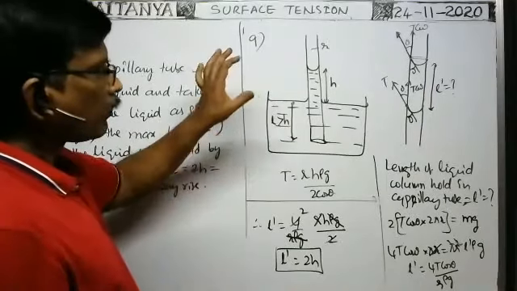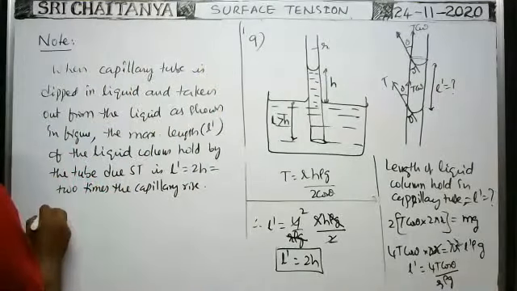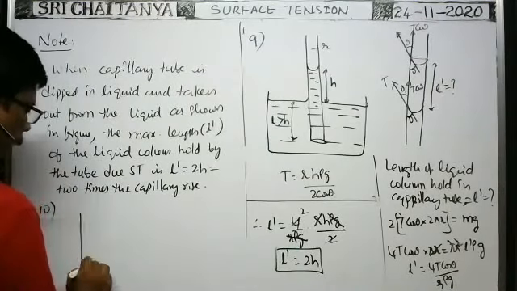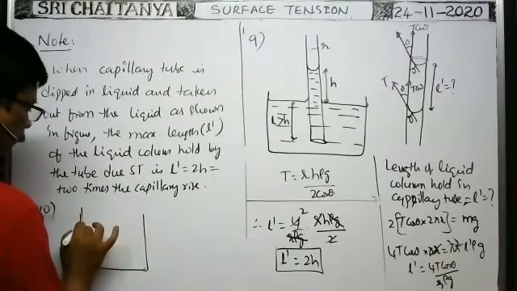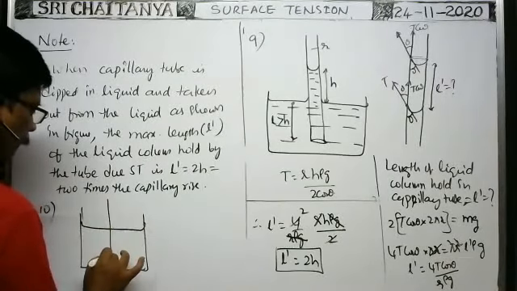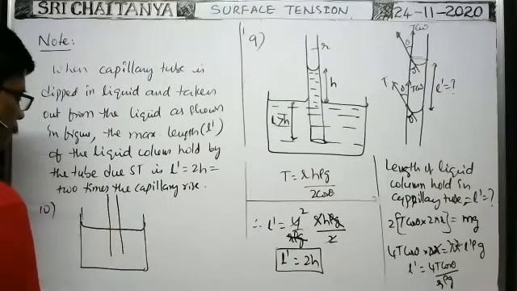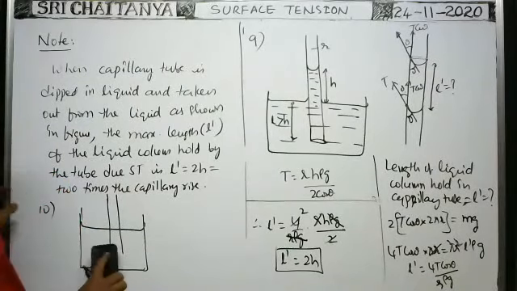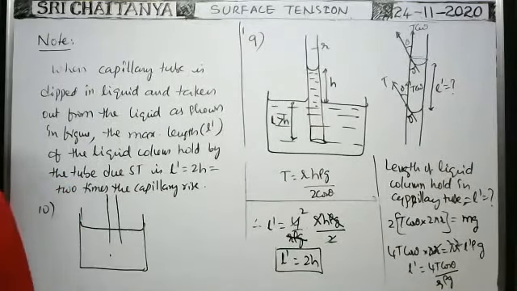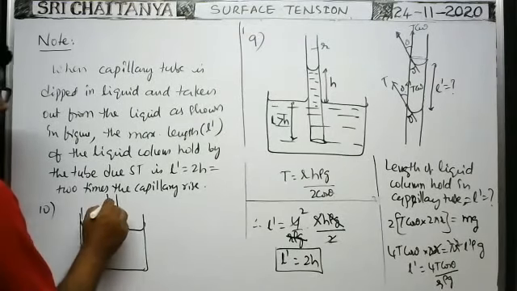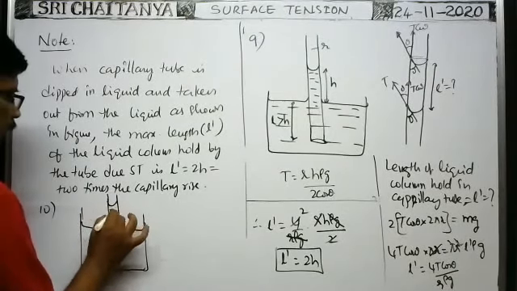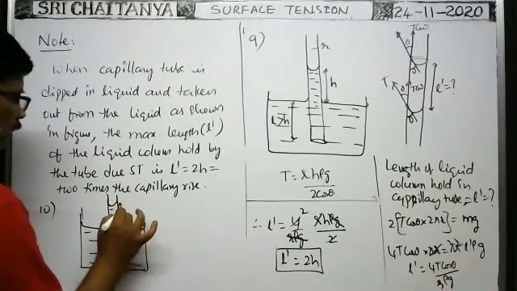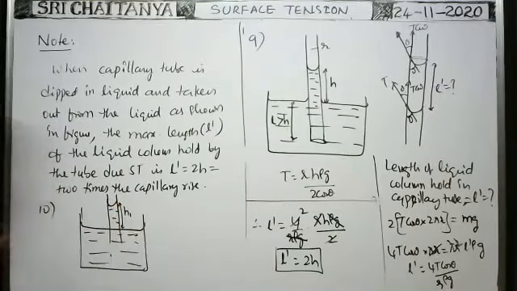Suppose here, okay, I will say one more example. Capillary rise means, from the surface of the liquid in the beaker up to the bottom of the meniscus, whatever the length of the liquid, that is the capillary rise H1.